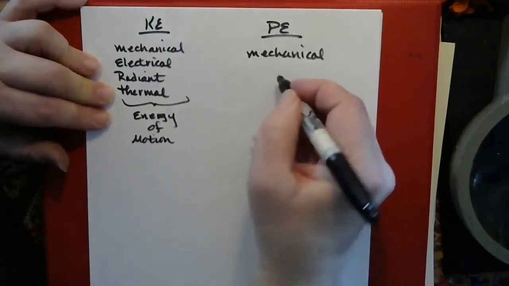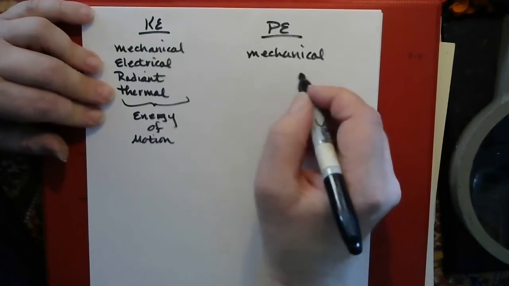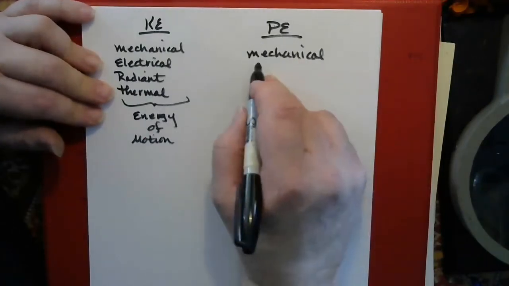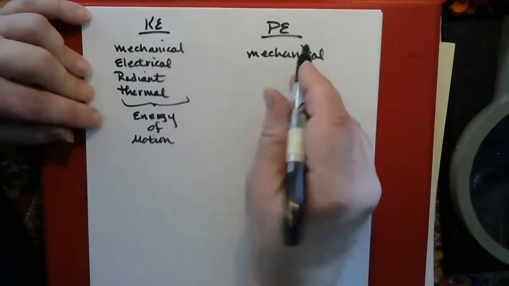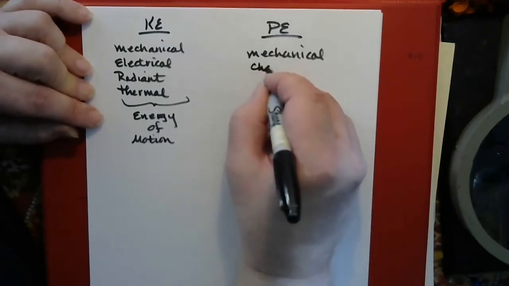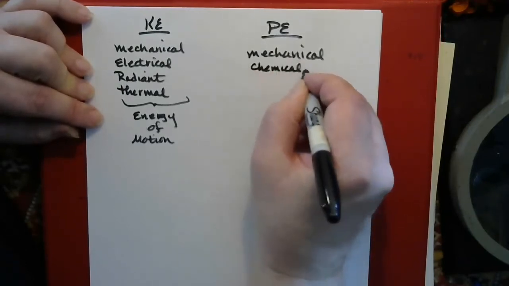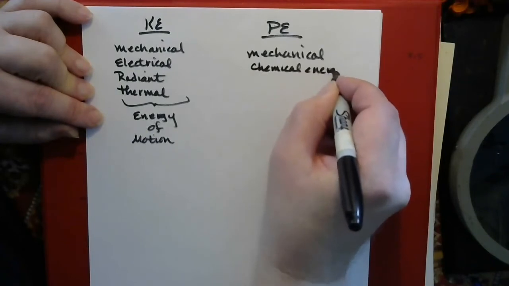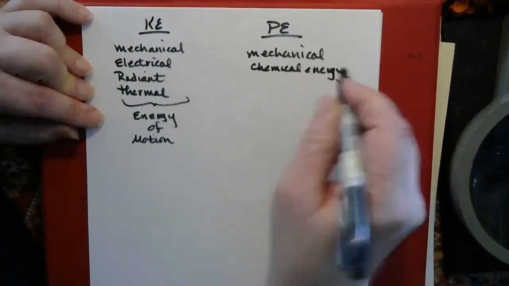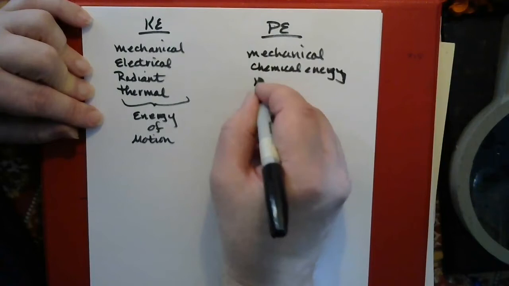So kinetic energy is the energy of motion. Under potential energy, we have, again, mechanical energy, but we also have chemical energy and nuclear energy.